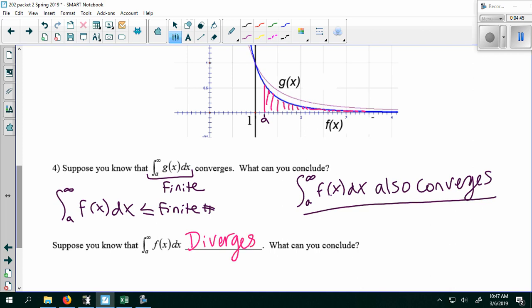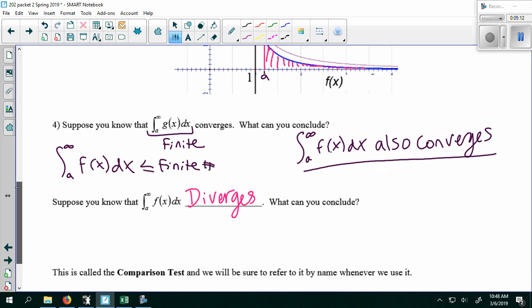If that integral diverges, the area under f is infinite, what can I conclude about the area under g? It also has to diverge, yeah, because the area under g is larger than the area under f, and the area under f is infinite. If you're larger than infinity, you are infinity, right?